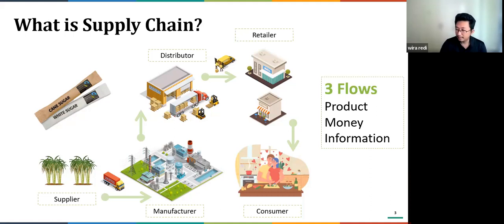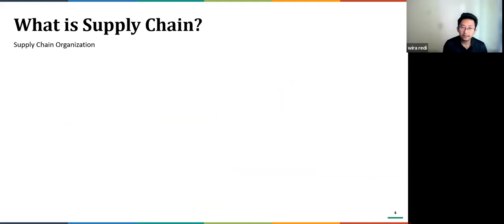When you give products to the other party, normally it will be compensated with money in return. And then another is information flow, which we use very often nowadays because information flow is important to know exactly whether the product flow and money flow were done correctly. Okay, so these are the three flows that you manage along the way in your supply chain activity.